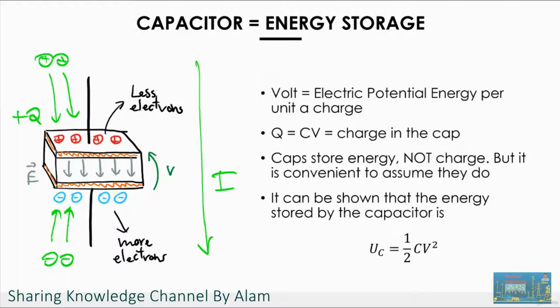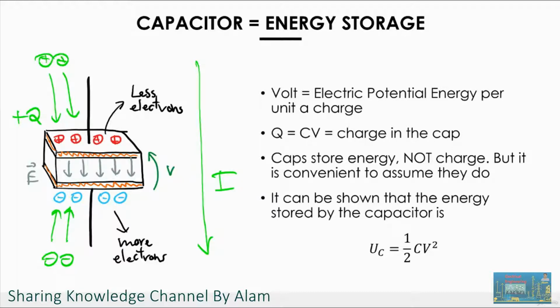And it's easy to believe the same for the current as well. The current is going in that direction, so there must be something moving in that direction. So that's why using positive charge is something that is done all the time, but you have to keep in mind that usually whenever I write plus Q, it really means that you have a lower number of electrons there than you would usually have if there was no voltage applied.